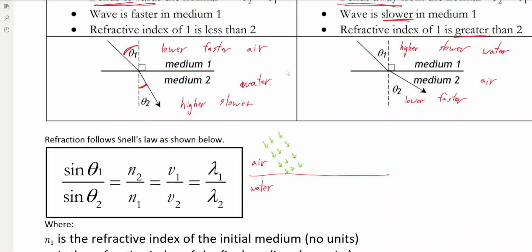Okay, so because it's moving faster in air and slower down here, if you watch each of the light rays, when it reaches the water, that light ray is slowing down. So it starts to bend towards the normal. And the other light ray keeps going straight over here and catches up towards that.